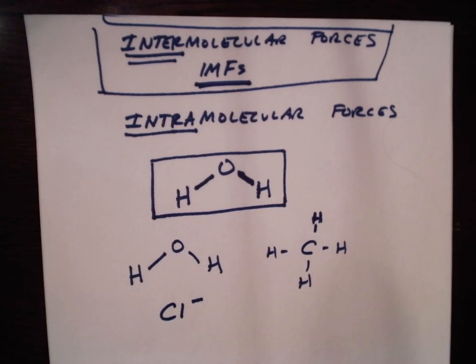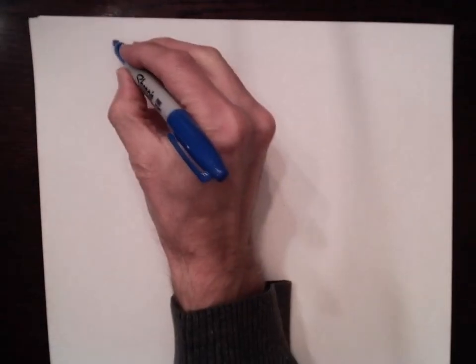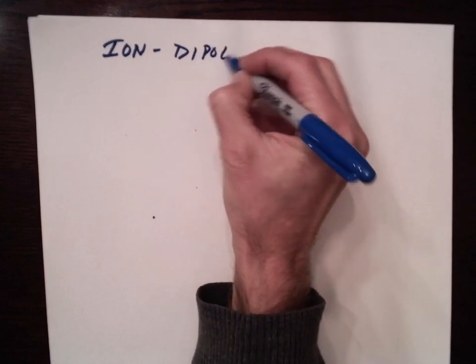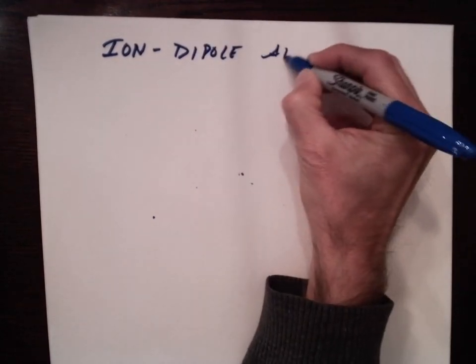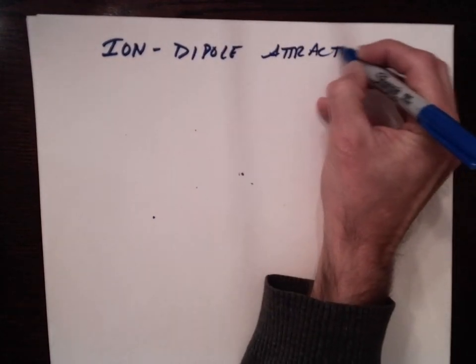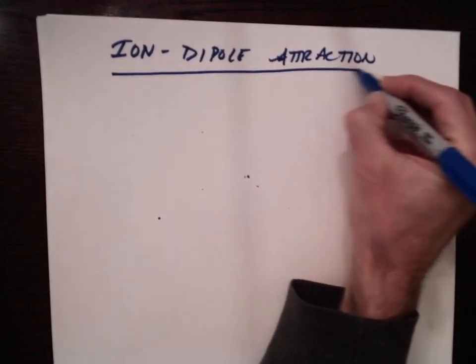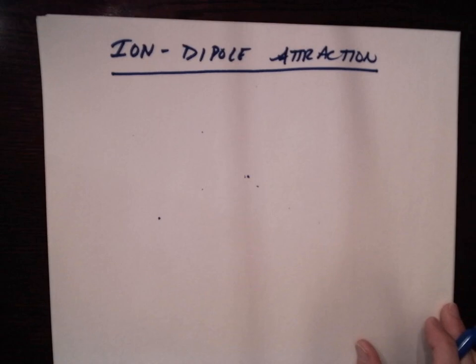So we're going to discuss the different intermolecular forces, and the first one that we are going to deal with is called an ion-dipole attraction. This is the first of our IMFs.